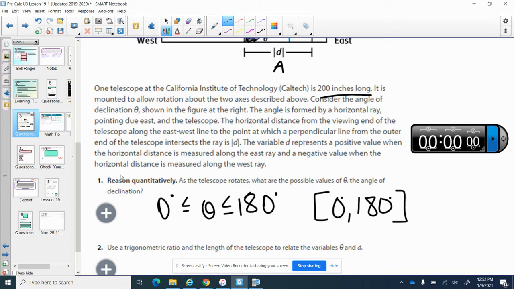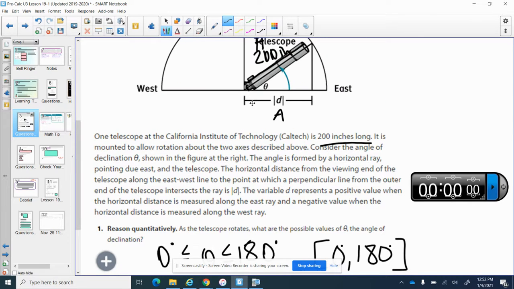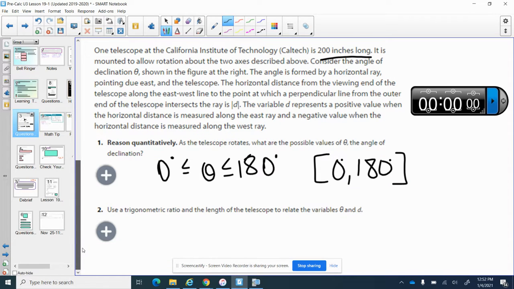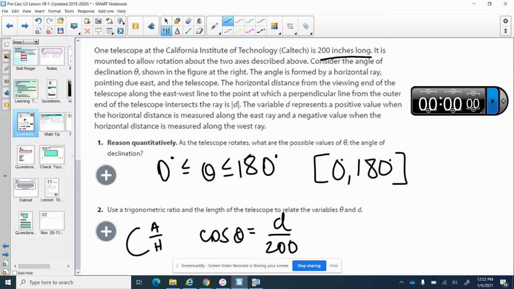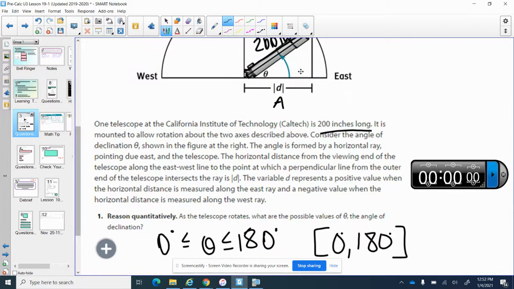We're going to want to use cosine because we're looking for this distance, which is the adjacent side to our theta. We have the hypotenuse, so cosine of theta is adjacent over hypotenuse, d over 200. We're able to use cosine because this is a right triangle drawn in here, right?